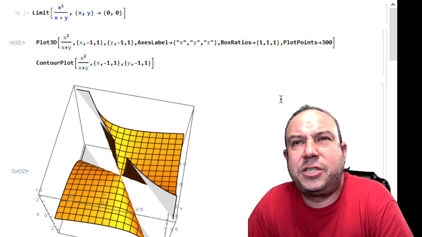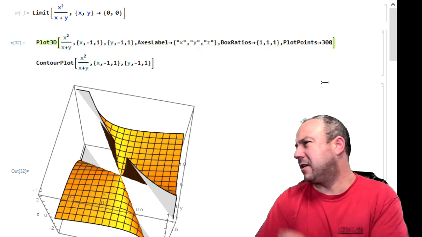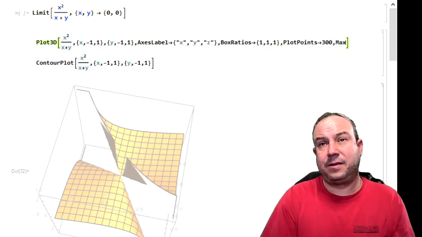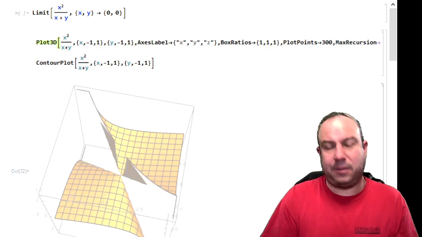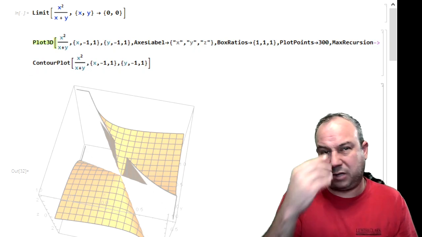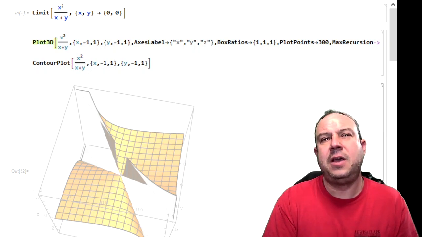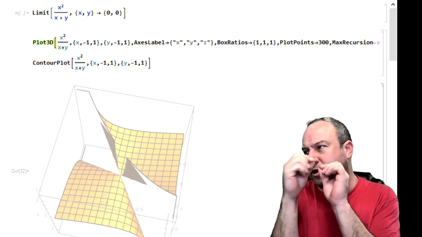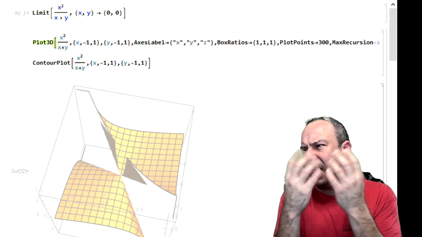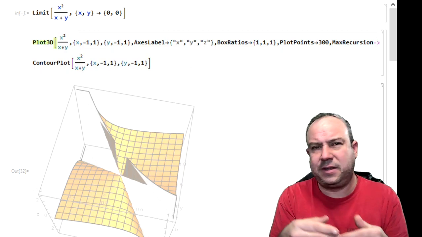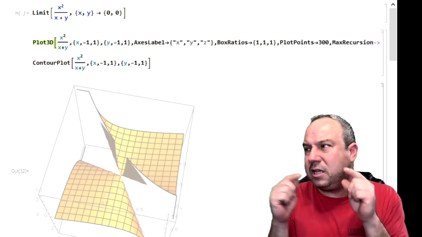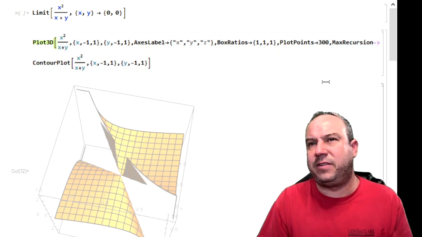Not much. You can also set a max recursion. Sometimes that helps. This is how many times it goes back and forth over and uses points to plot that region. What happens is we're getting so close to the origin in there, we're seeing it get very close to 0, and it's saying, I don't exist. I'm just down here at this point. And it's a really, really fine degree of difference down there.